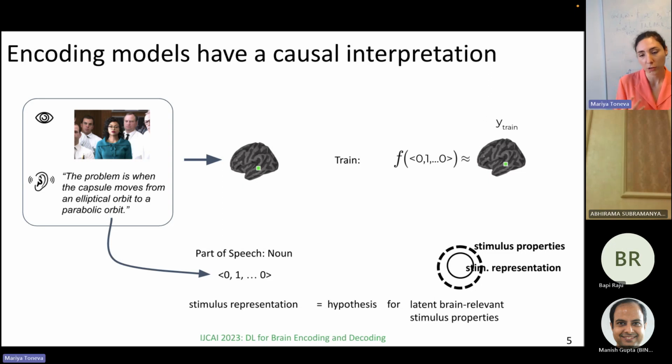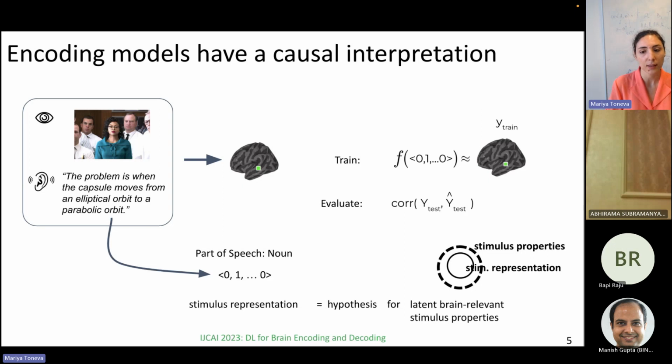We learn this function directly from the data, and then we evaluate it on some data that we have held out during training. This is usually done by looking at how similar the predictions that we made for this particular point in time or location in the brain were to the true data that we have not used for training.